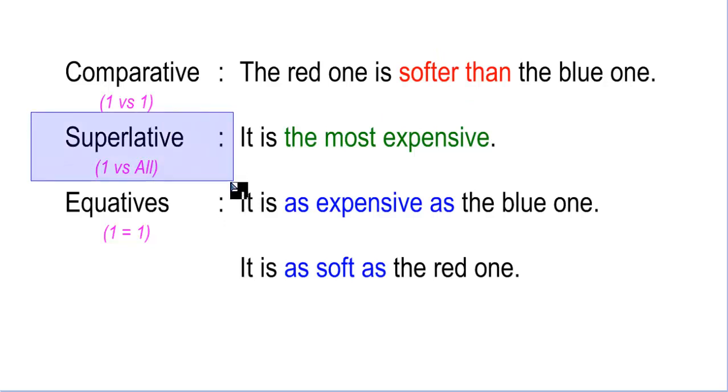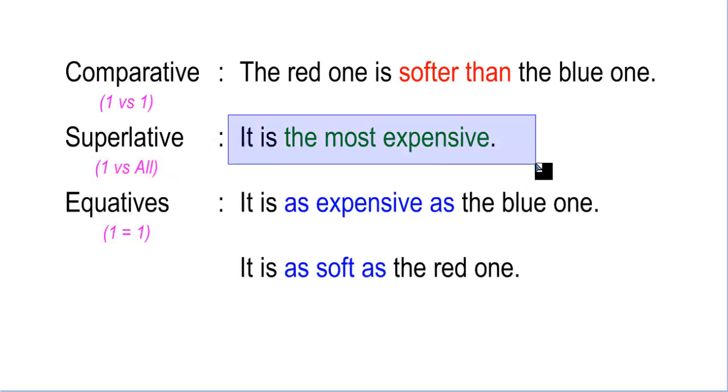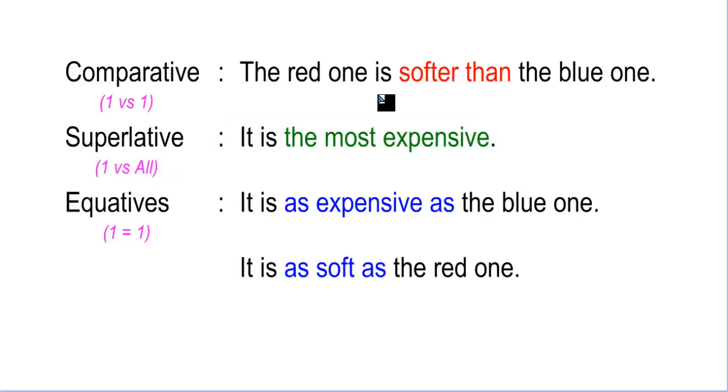The superlative is different. When you compare with superlatives, you compare one versus all. You compare one versus the universe or versus a group. It is the most expensive. So if we compare this rug versus all the other rugs, this one is the most expensive. This one has the highest price.